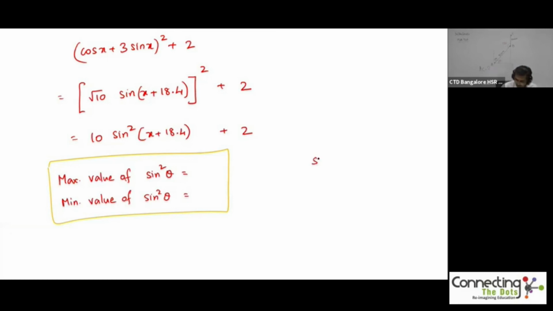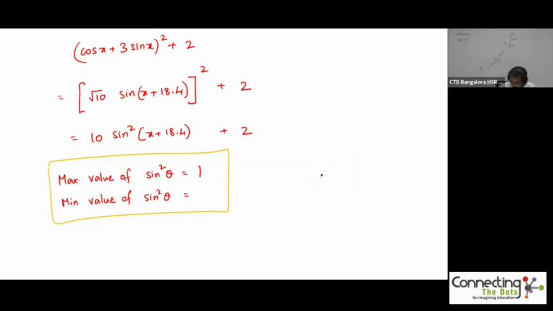What is the maximum value of sine theta? 1. What is the minimum value of sine theta? Minus 1. But the problem here is it's sine square. So because of the square, even negative values become positive, right? So we can safely say that the maximum value of sine square theta is 1. What is the minimum value?